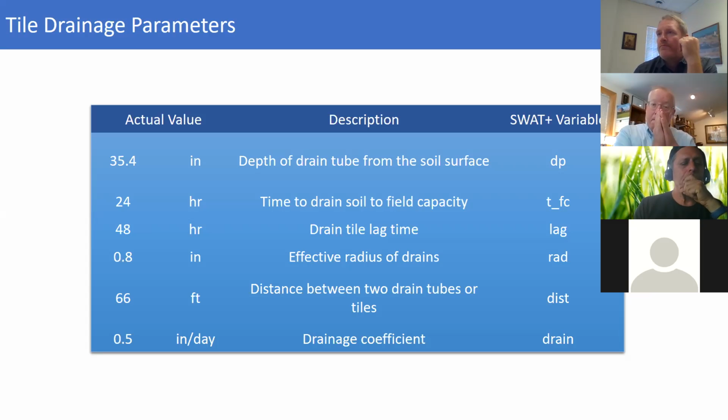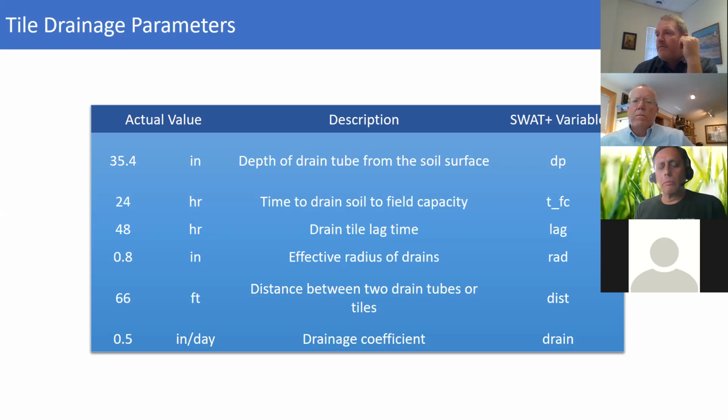Well, I think we normally figured about a 3/8 coefficient on a 40-foot spacing. So if you're going to get a half-inch coefficient, you have to have bigger mains and have them tighter together than that. So I'm not arguing on your 66-foot spacing. A lot of it's even wider than that, but your drainage coefficient's nowhere near 0.5.